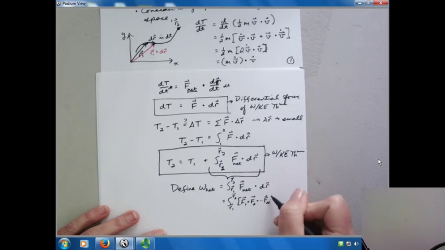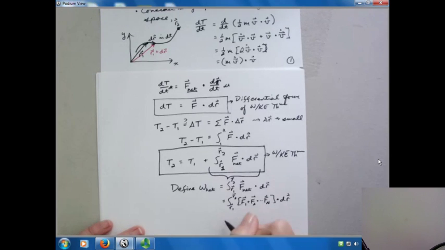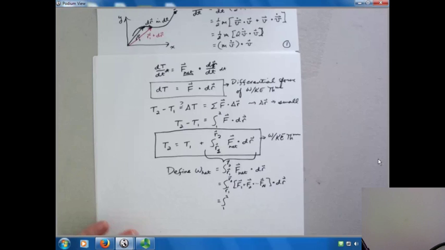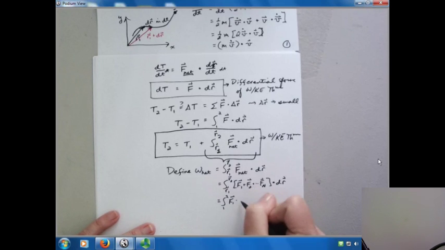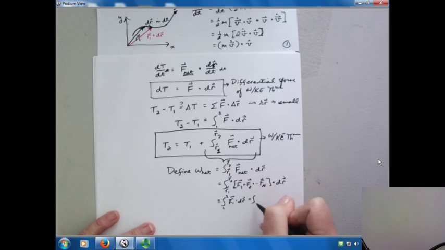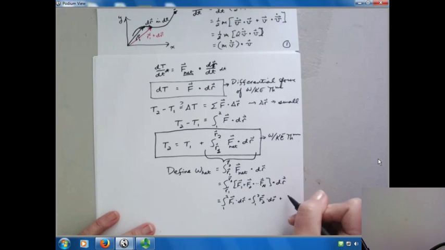We'll say there are n forces acting, dotted with dr. And that is equal to the integral, I'm just going to shorten R1 to R2, it just says integral from 1 to 2, F1 dot dr plus the integral from 1 to 2 F2 dot dr plus, and so on, until the integral from 1 to 2 Fn dot dr. All right, so that all holds.